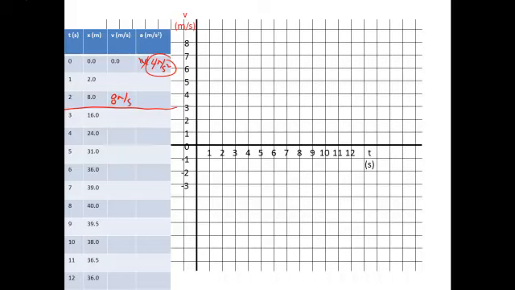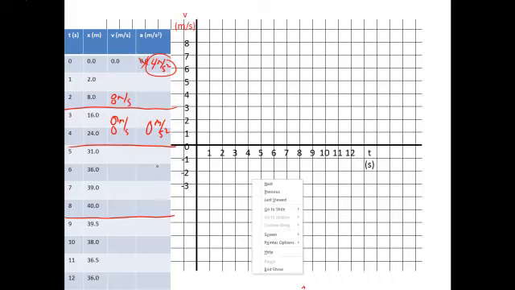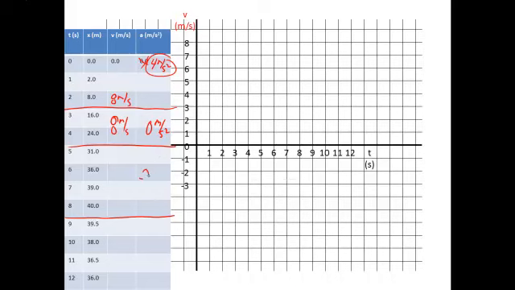Then from 2 seconds to 4 seconds, we found out that we had a constant velocity of 8 meters per second, and since the velocity was constant, the acceleration should be 0 meters per second squared. Then we looked at the time frame from 4 seconds to 8 seconds, and from there we found out that the acceleration was a constant negative 2 meters per second squared.